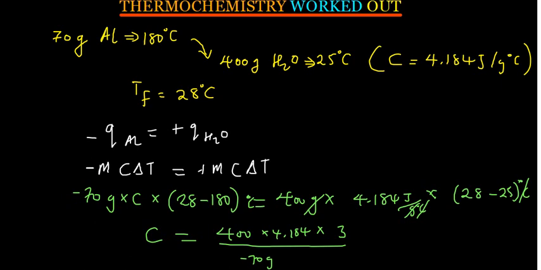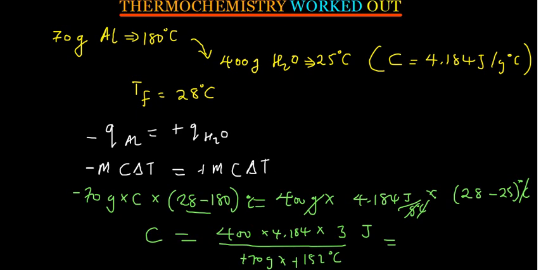Remember, on top, the only unit that has remained is a joule. And then down, 28 minus 180 is going to give us negative 152. This is in degrees Celsius. The final answer is going to be this negative, and this negative will cancel, giving us positive. So it will be in joule per gram degree Celsius.